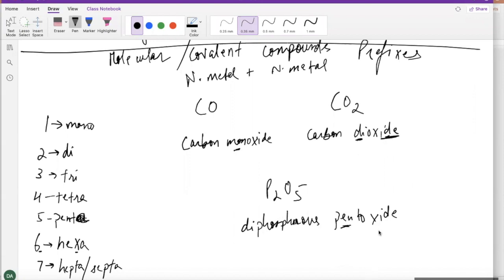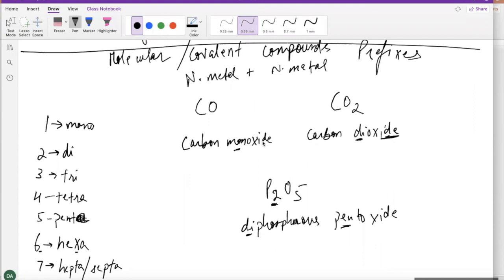All that makes sense because you have one oxygen, two oxygens, and five oxygens. But did you notice, guys, that for the first one, when you have a 2 here, you use di. That makes perfect sense because 2 is di. But when this guy was 1, this is 1 carbon, we did not use mono. So guys, this is one extra rule that you need to remember.